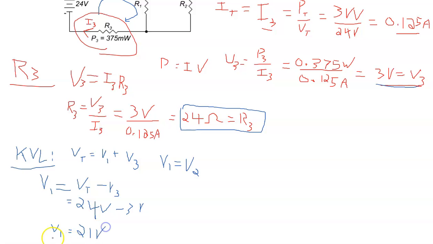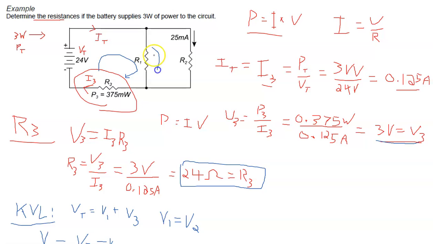So most of the voltage is across those two resistors. So we go back to our original circuit now. This voltage here is 21 volts, and so that is the voltage across R1 and the voltage across R2. And so pretty much now we can carry on and find the other two resistors.